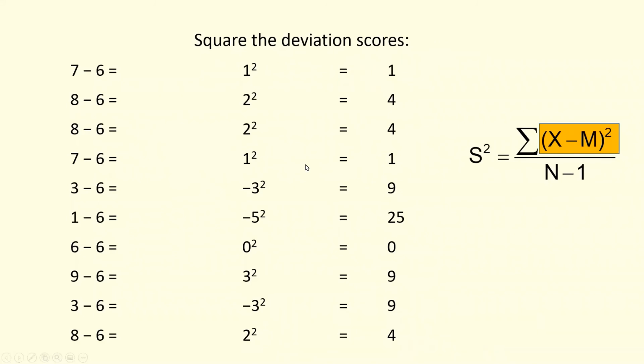The next thing that I'm going to do is square those deviation scores. And so I've spread this out a little bit more here. We have the same subtraction to the left, those deviation scores, and now we can see that I've added that square to do that next step, and I've highlighted that part of the formula now. So we have now x minus m squared, and here are my answers once I do that squaring.